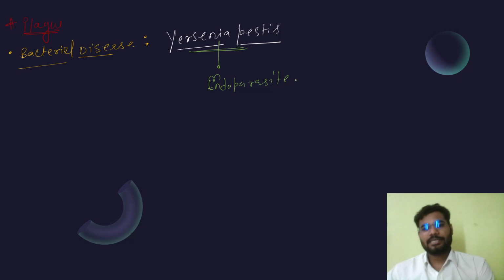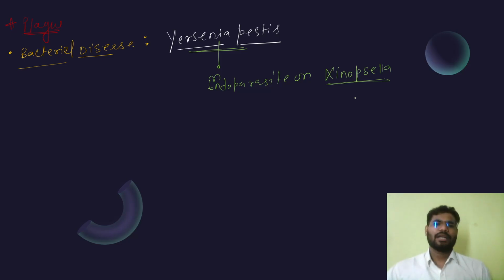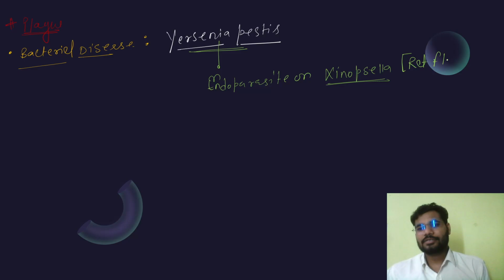It is Xenopsylla. Xenopsylla is actually a rat flea. It is a flea, it lives on rats, so it is also called a rat flea.